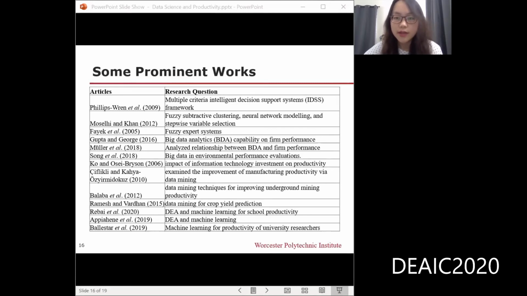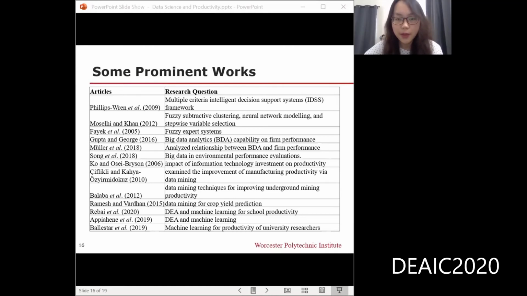For the machine learning category, Rebai et al., 2020, proposed a machine learning approach to predict the productivity of secondary schools using DEA in the first stage and machine learning techniques in the second stage to map variables associated with higher performances. Likewise, Appiah-Hain et al., 2019, also combined DEA with machine learning algorithms.